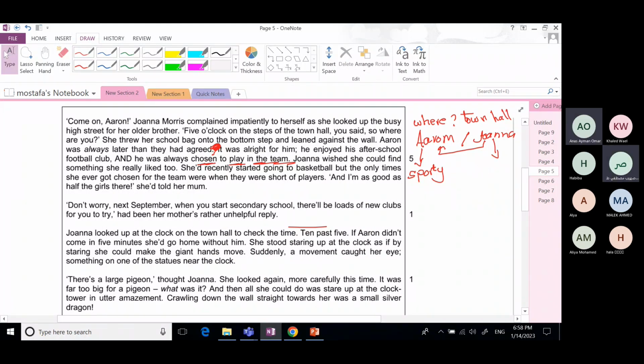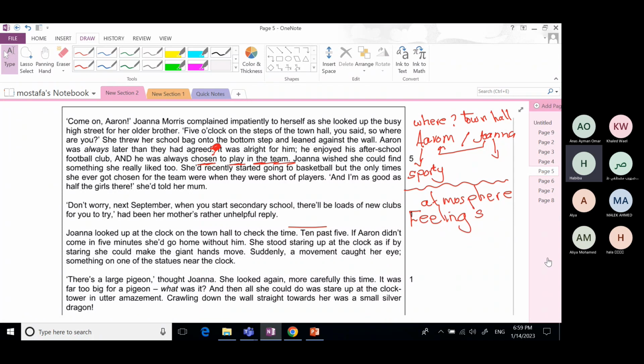Based on this paragraph, what about the atmosphere of the paragraph? I mean the general feelings in this paragraph, especially regarding Joanna.